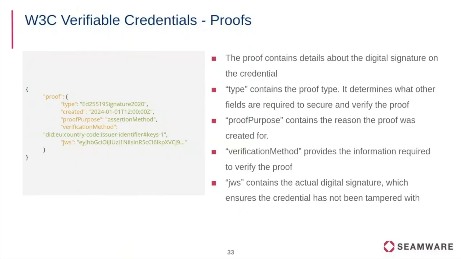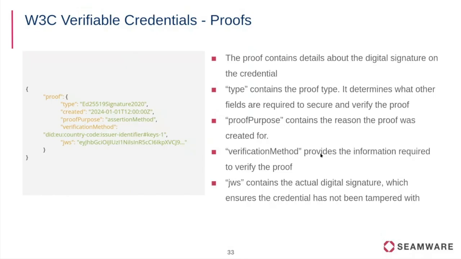We will have a purpose, because there might be different reasons to put a proof on a credential. This is more or less the standard mechanism that we also know, for example, from the JWT world, to validate proofs on credentials.